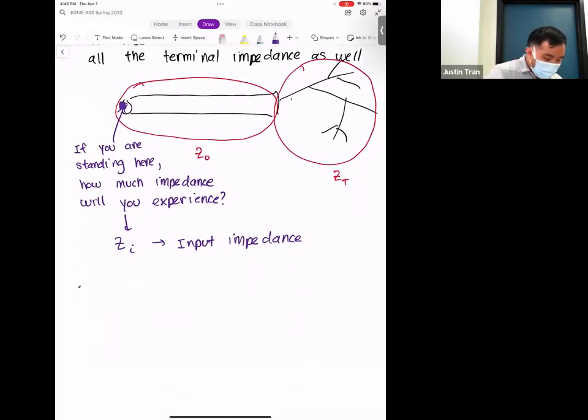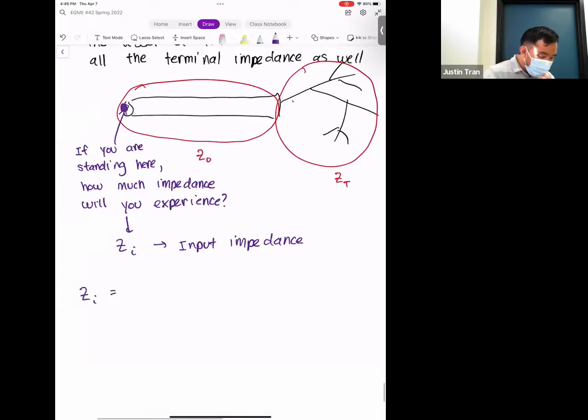And so the way we define input impedance is, we utilize our solutions up there, okay? The input impedance is basically just the ratio of the pressure on this vessel and the flow, right? But we're going to define these at the inlet of the vessel.